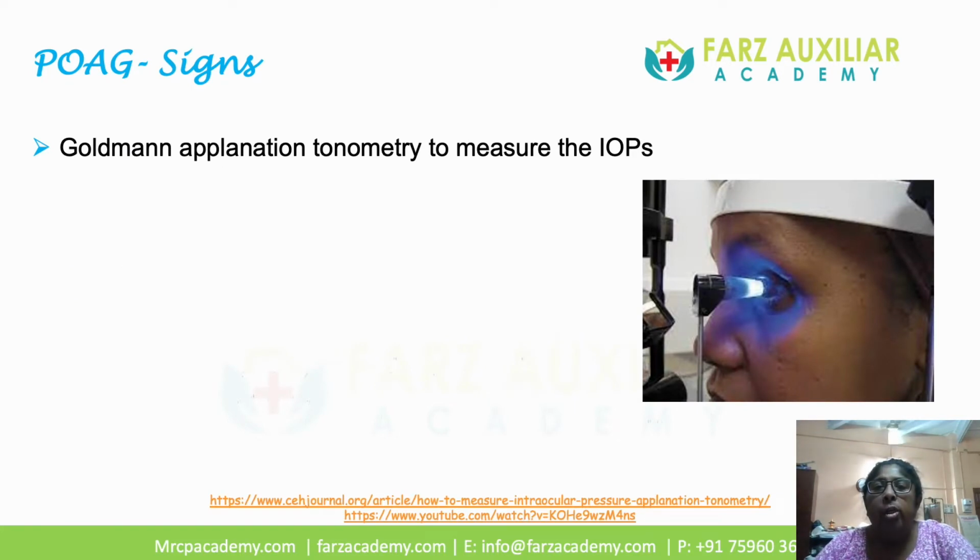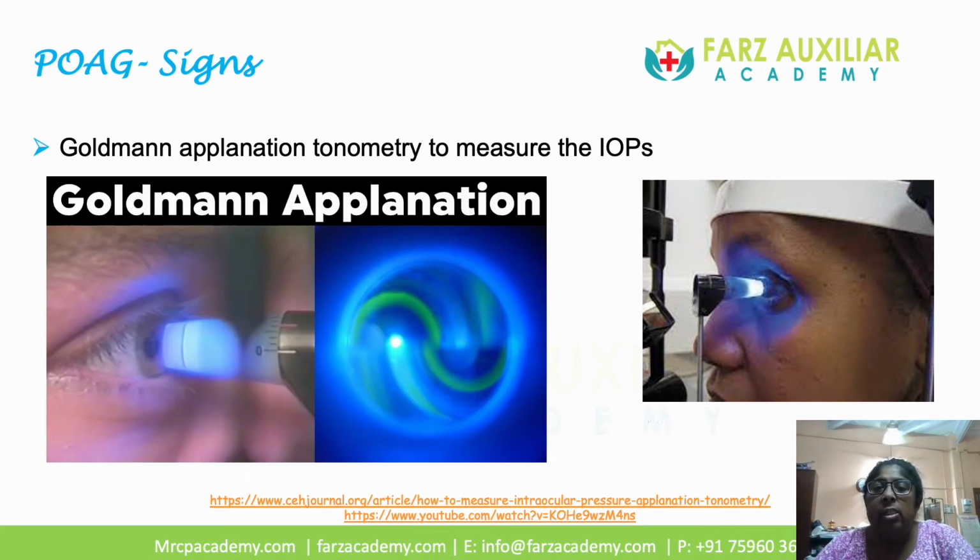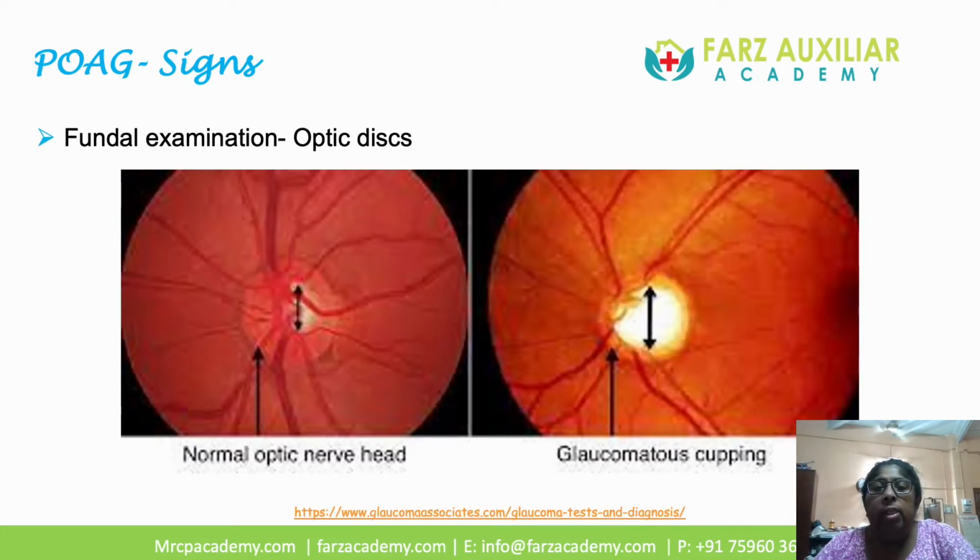This is how the intraocular pressure is measured, and this is what we can actually see. The fluorescein stained tears form two semicircles, the inner edges of which just touch. Fundal examination is required to check the optic discs, and we can see a normal and a glaucomatous disc in this picture.